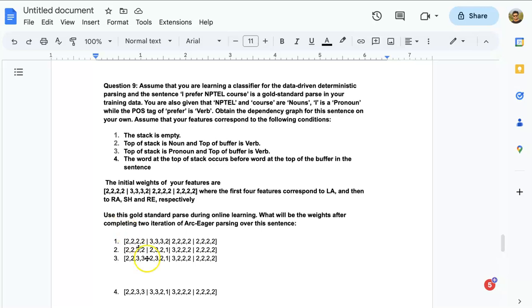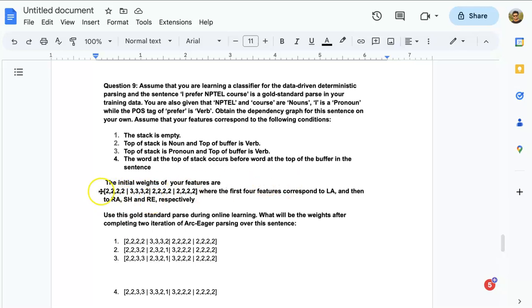They have also given 4 features, and each of these features goes with different actions. The actions are left arc, right arc, shift and reduce. So there are 4 features and 4 actions, and in total 4 into 4, that is 16 different configurations. That's why they are giving you the 16 weights.